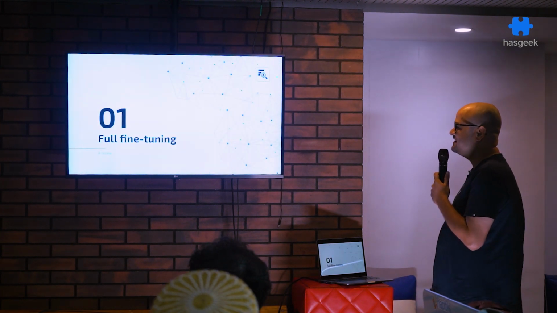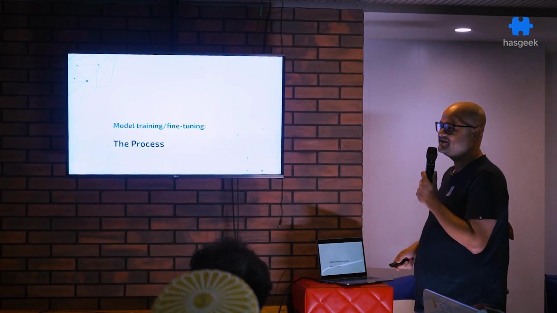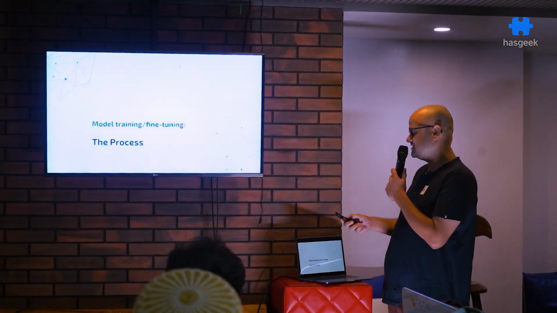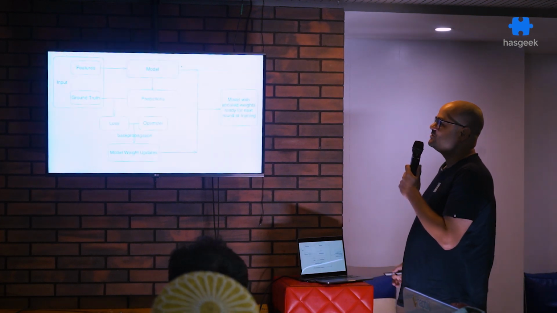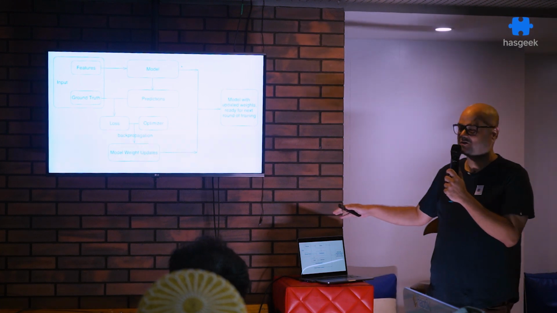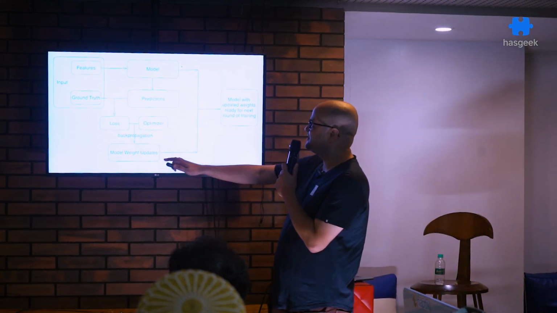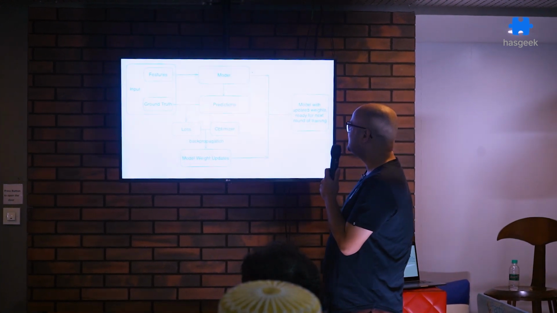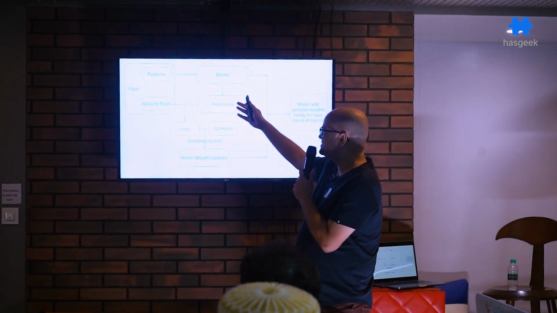Right, so let me first do a very quick review of what the machine learning training and fine tuning process looks like. This is the full picture, and we'll refine it and focus on the parts that we really want to talk about. So you get some input, which is you have some features, you have some ground truth, you feed that to the model, and the model generates predictions.